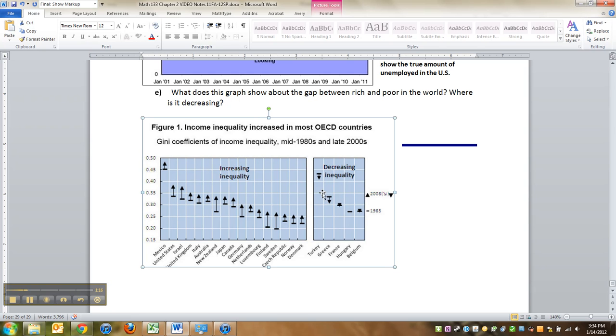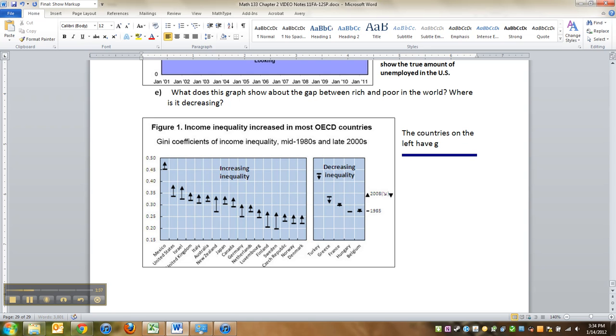And then over here are the countries that had decreasing inequality during that time period. Or in the case of Hungary, not much difference at all because it's pretty much the same for both time periods. Okay, that's why there's no little arrow there because you can't really see it. So the countries on the left have growing inequality in their country, income inequality, I should say.